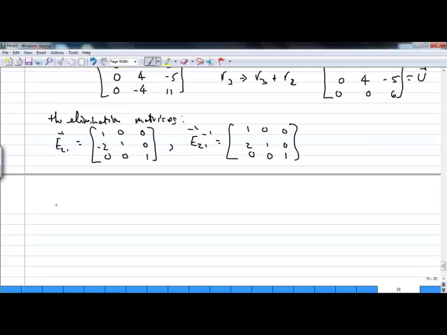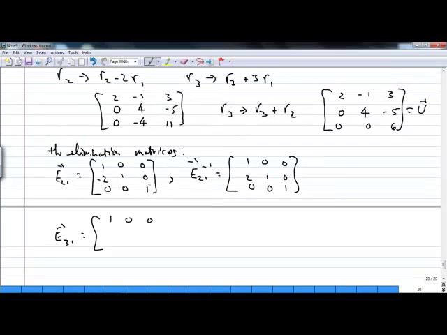And then we have E31, and its inverse, like that.